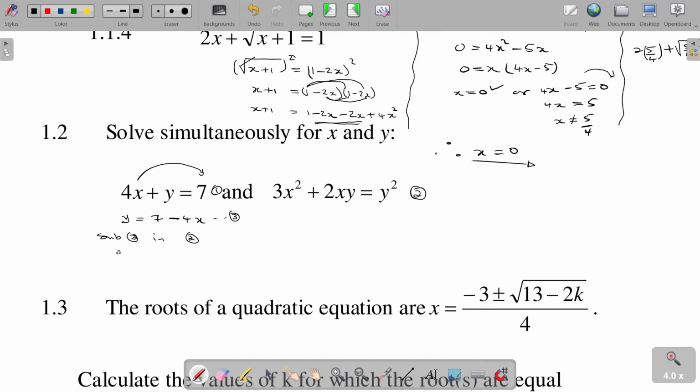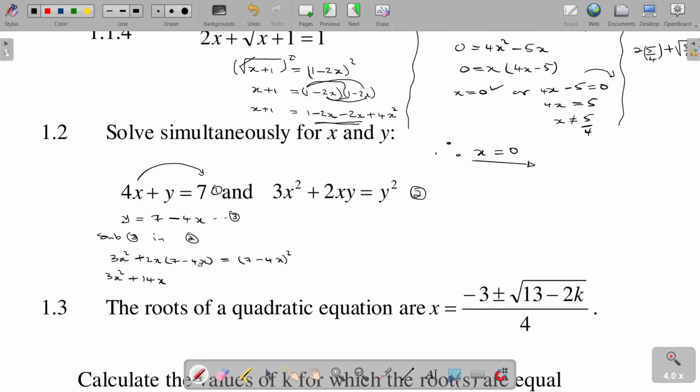It simply means wherever there is y, we are going to put 7 minus 4x. So it becomes 3x squared plus 2x, where there is y we put 7 minus 4x. That must be equal to y squared, which is 7 minus 4x squared. Let's expand. We are going to have 3x squared plus 2x times 7, which is plus 14x.